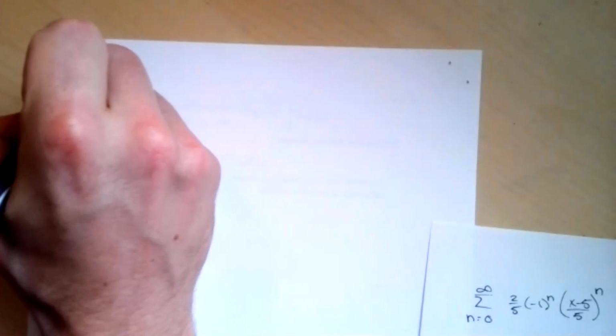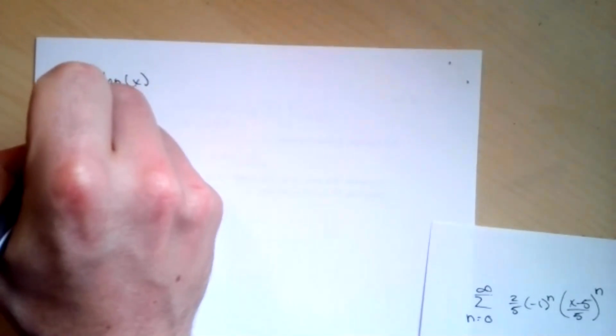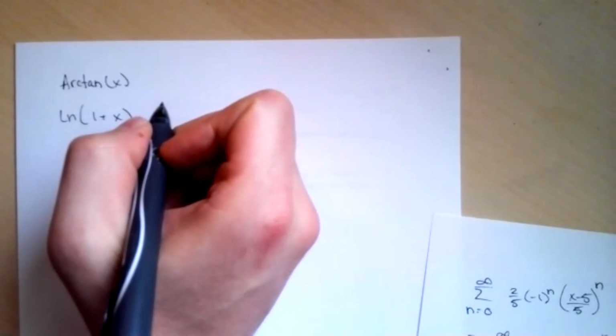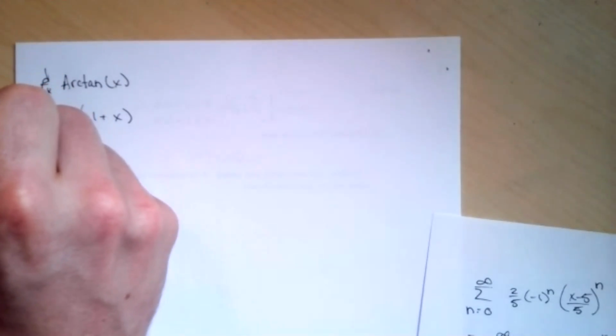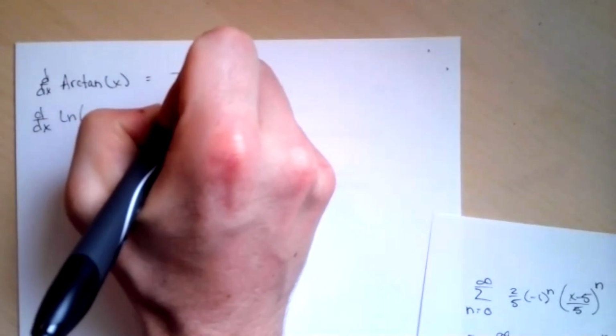So think of the most important ones, the ones we started with: arctan and natural log, because the derivative of these looks very similar to the geometric series.